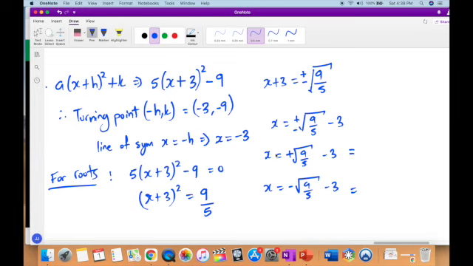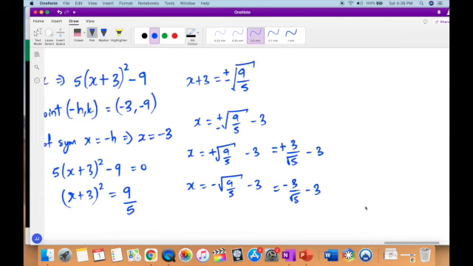I don't want decimals, so I could just say that the square root of 9 is 3, so this is 3 over root 5 minus 3. And then that's plus 3 over root 5 minus 3, and this one will be negative 3 over root 5 minus 3.